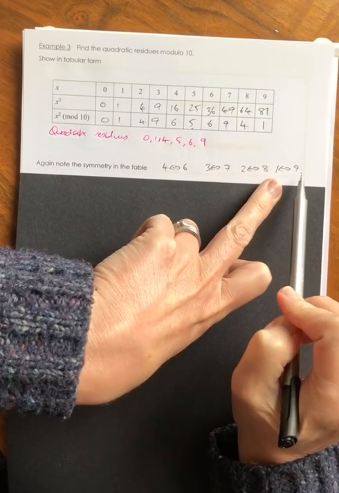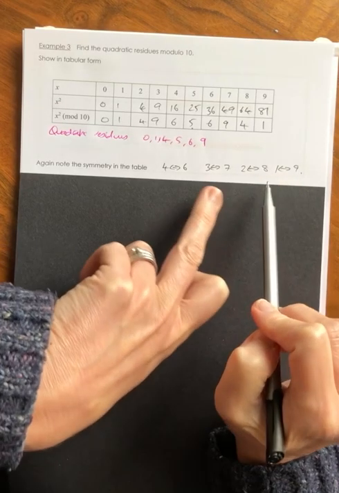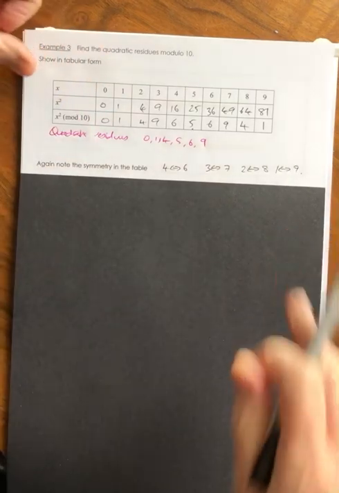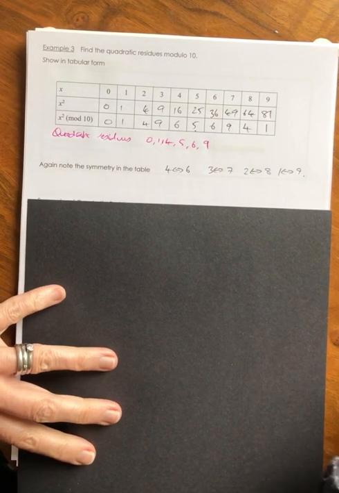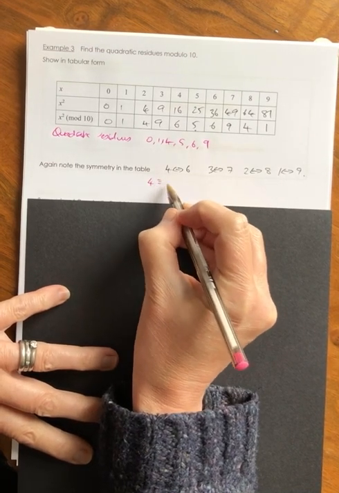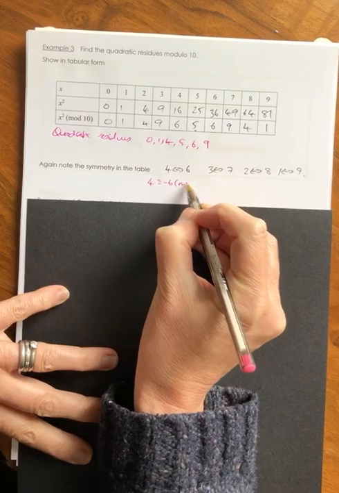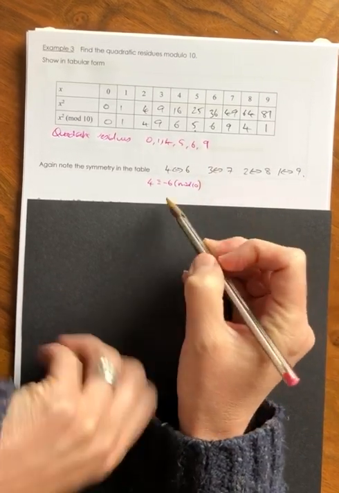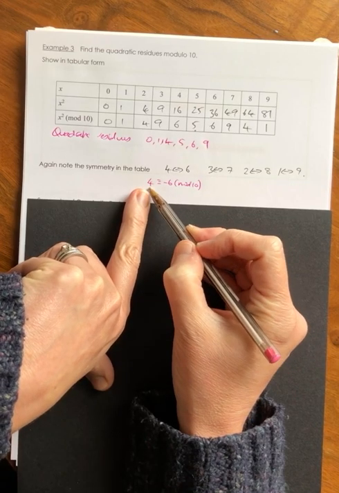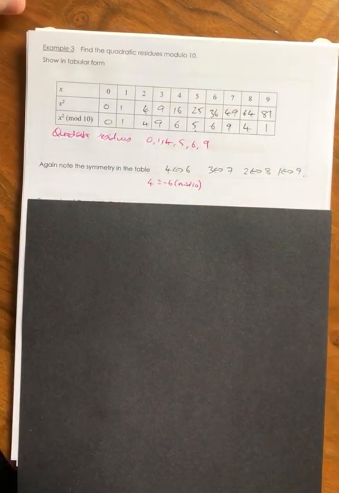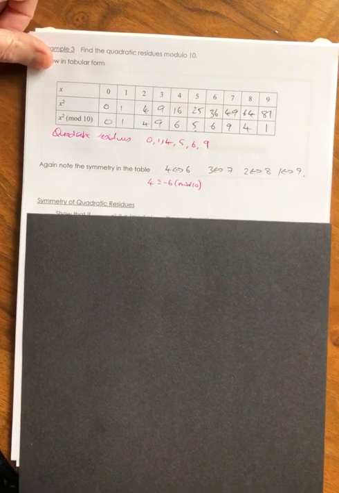Remember number bonds way back in reception. So there we've got all our number bonds to 10. And of course there's a reason for that. The reason is that 4 is actually congruent to minus 6 mod 10, and squares of those are also going to be equivalent.